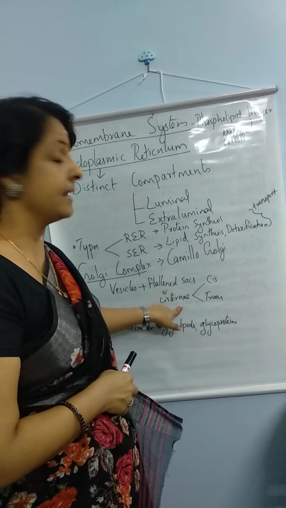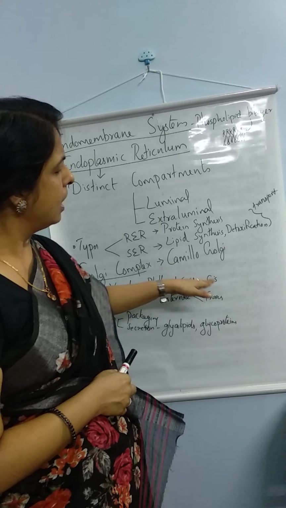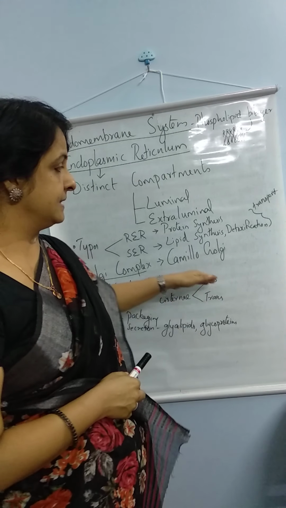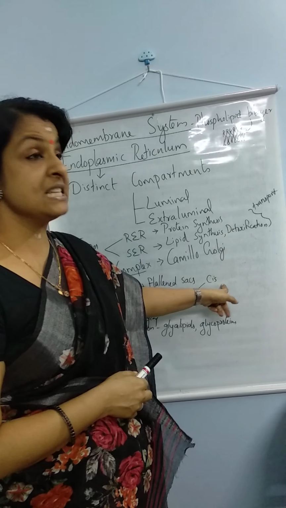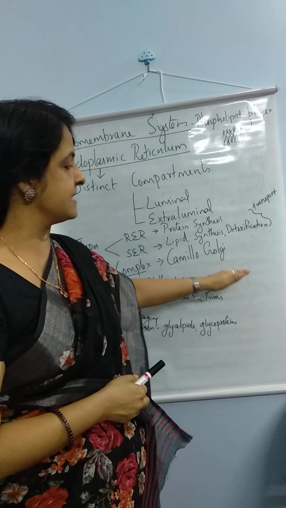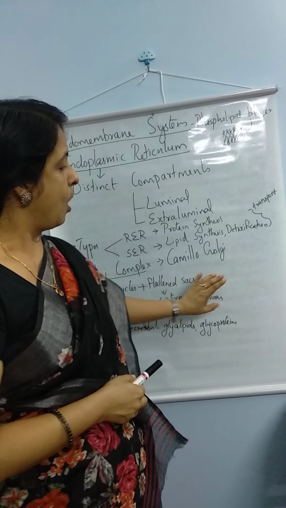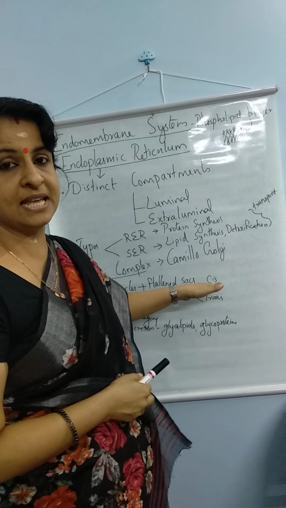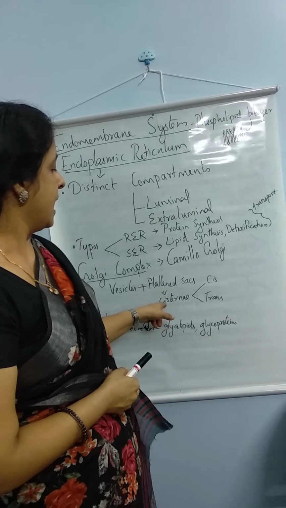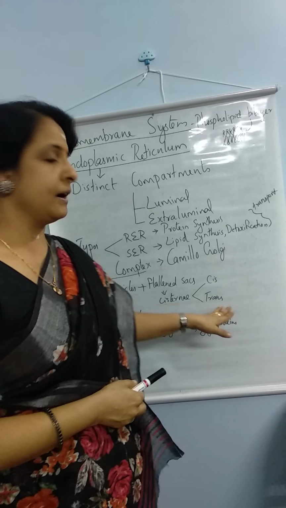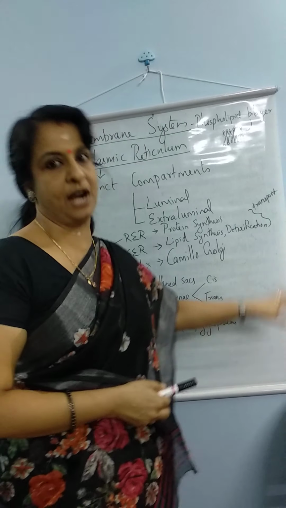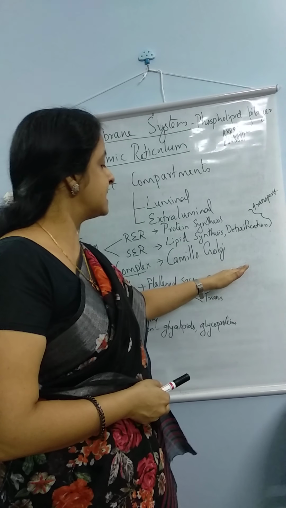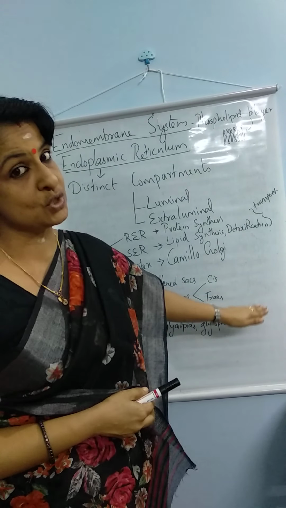In cisternae there are two types. One with a convex surface, we call it the cis face. The cis face is the formation face, or the region where things are newly formed. Then the trans face is the exit face, the maturing face. So there is a cis face and there is a trans face.